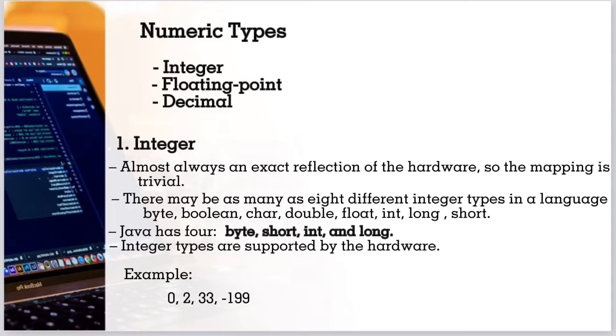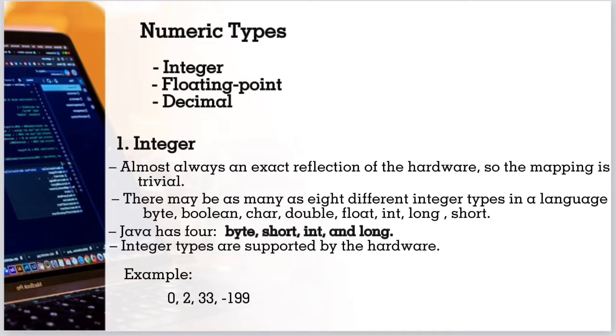There may be as many as 8 different integer types in a language, such as byte, Boolean, char, double, float, int, long, and short. In Java, it only has 4: byte, short, int, and long.